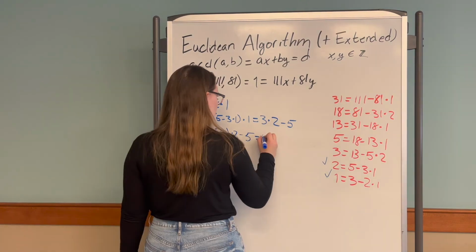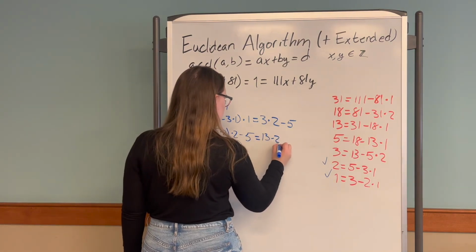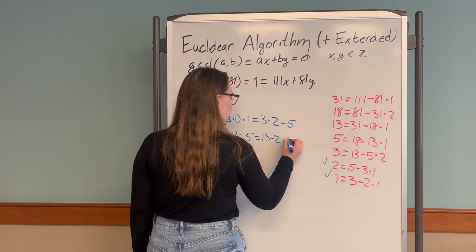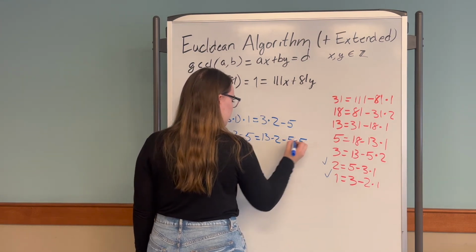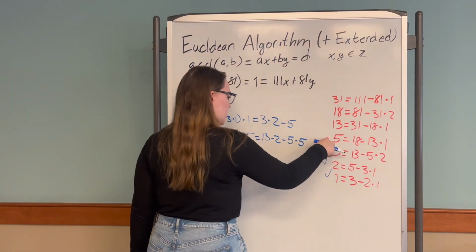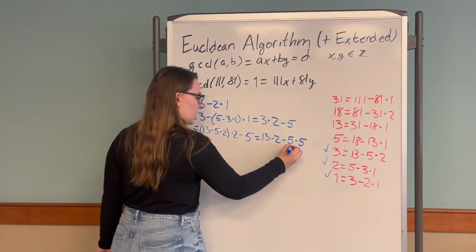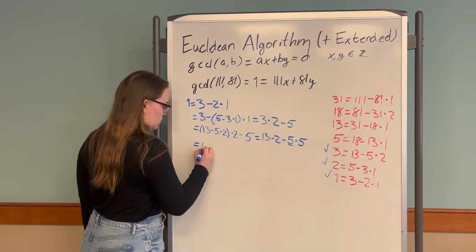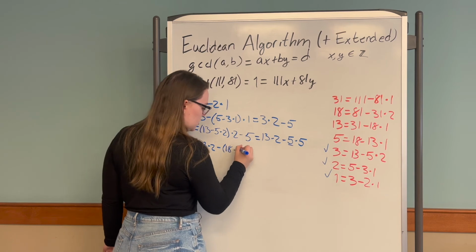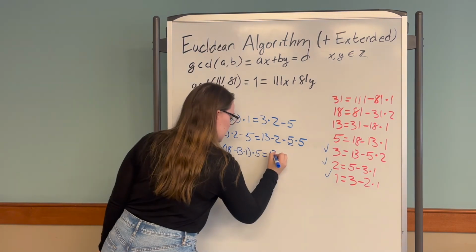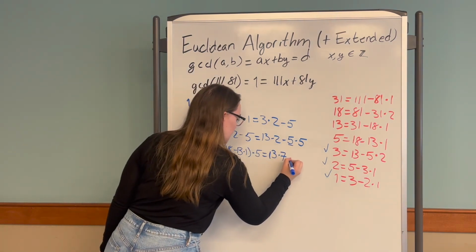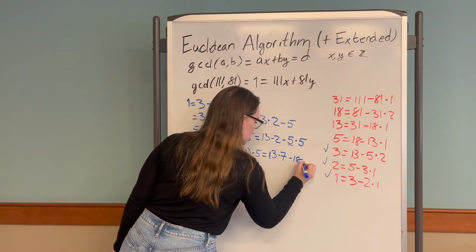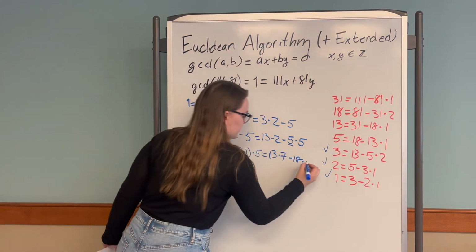So we have 13 times 2 minus 5 times 5. We've done that equation. Now we're going to plug in our 5 for this 5 right here. 13 times 7 minus 18 times 5.